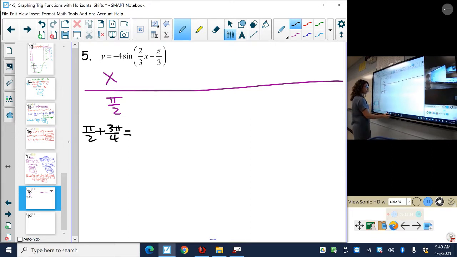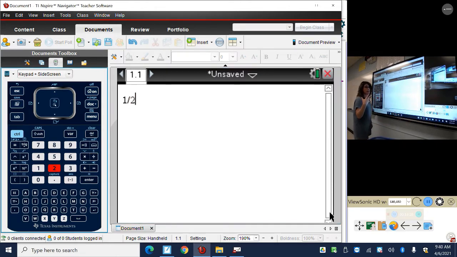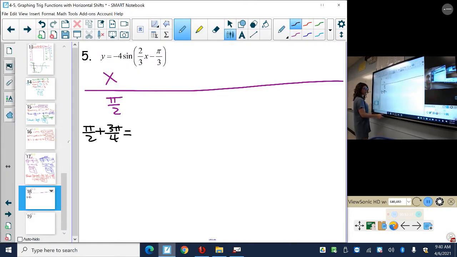Right? So I come over to my calculator, and I am literally going to type in here 1 divided by 2, making my pi be a variable, plus 3 divided by 4, and that's going to give me 5/4. So this is going to be equal to 5 pi over 4.